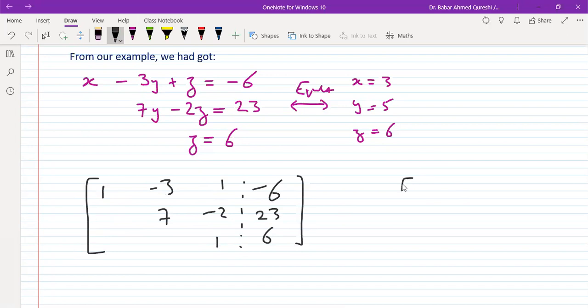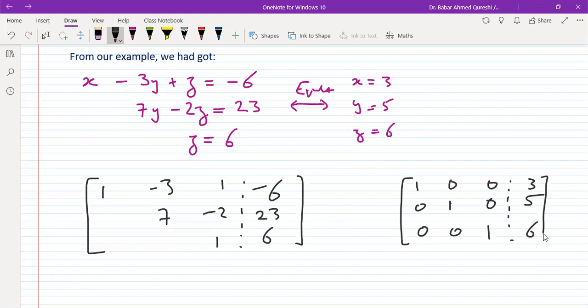If it's a unique solution, if you had hit a triangular system, you can always reduce your matrix to this form, and then some constants over here. In this case, they are these. So like this part, the left-hand part is like identity in this case. You can always do it because you have the unique solution.